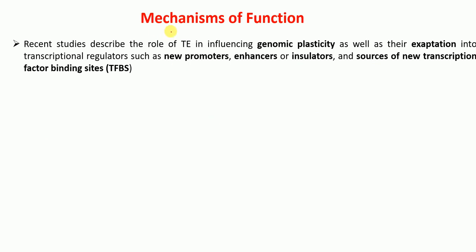Now coming to the mechanism of function, how these transposable elements function: recent studies describe the role of transposable elements in influencing genomic plasticity as well as their exaptation into transcriptional regulators, such as new promoters, enhancers, or insulators, and sources of new transcription factor binding sites.